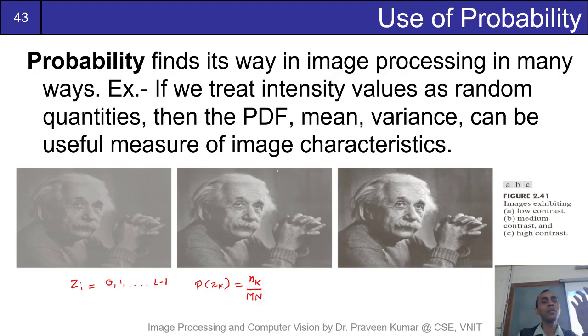For example, mean will give you the average intensity value in that image, and variance will tell how the intensity values are spread around that mean. An example of low variance and high variance, three images with different variances, are given here. So this image, what do you think: will the variance value be high or low?